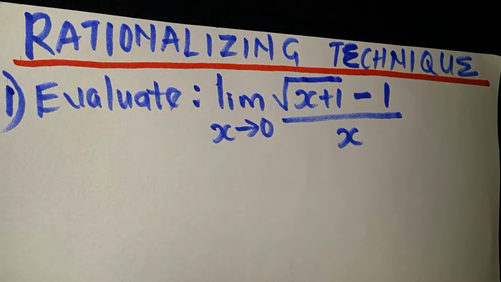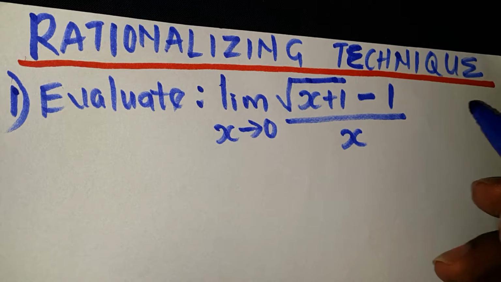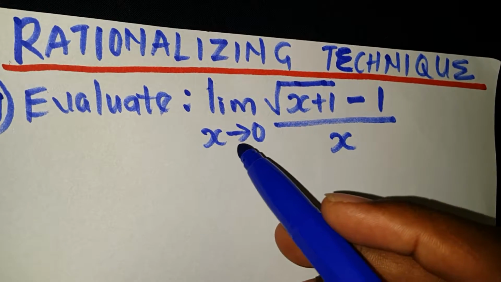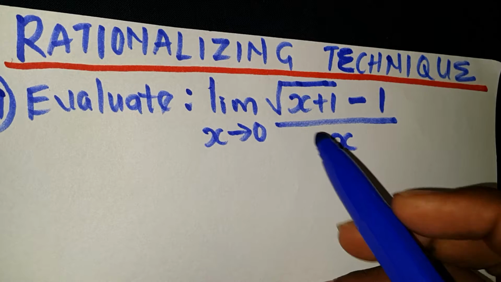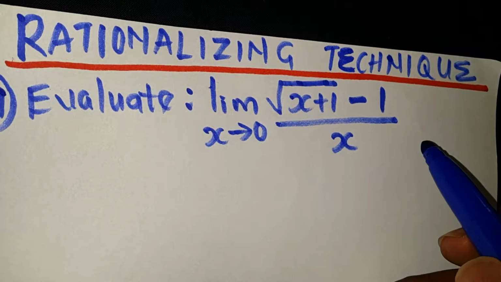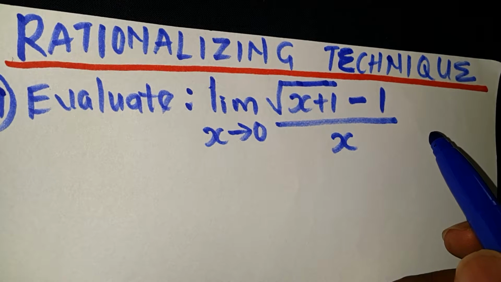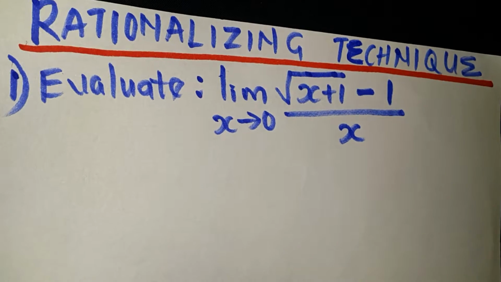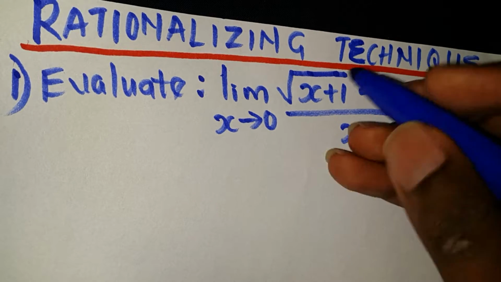I told you in the dividing out technique that if you put what x is tending to in your function and you see that your answer is 0 divided by 0, then you have to use another method in solving the limit.